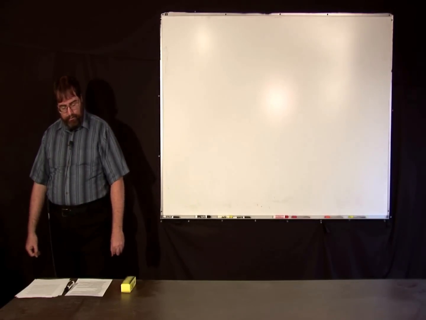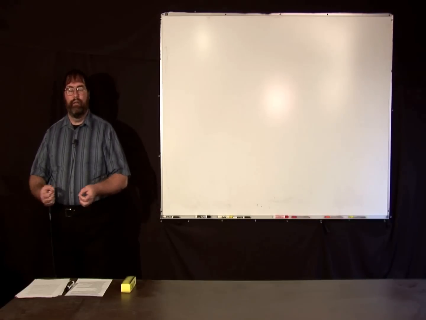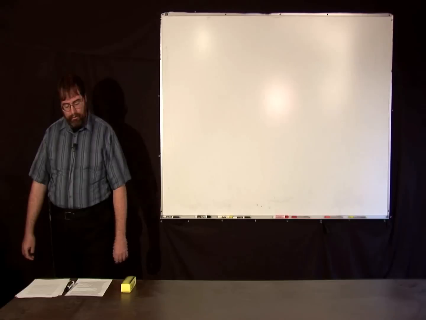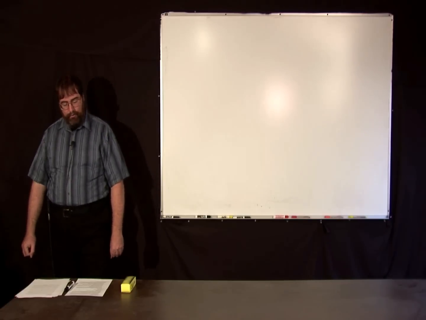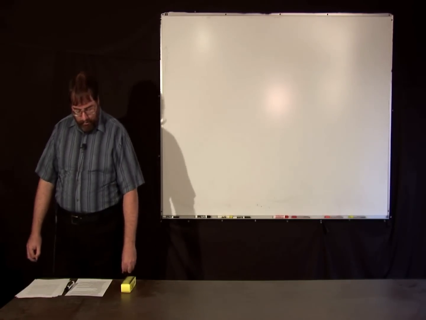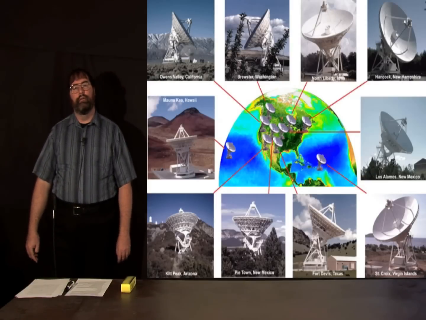Okay, the next thing to look at, if you want to do even more resolution, baselines the size of what you can get in the VLA is too small. And they have something called the VLBA, Very Long Baseline Array. This is a picture of where the locations are.